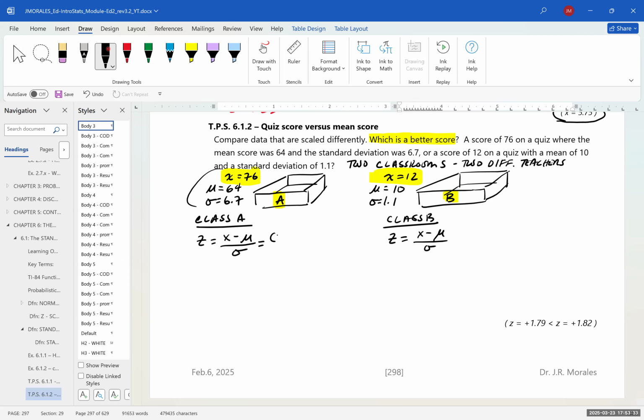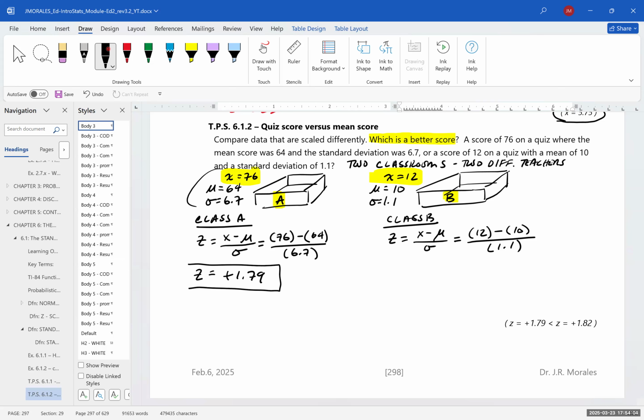The value of x here is 76 minus the mean, which is 64, all over the standard deviation, which is 6.7. And over here, we had a student score of 12 minus the mean, which was 10, divided by the standard deviation, which is 1.1. This will get you a z-score of positive 1.79.